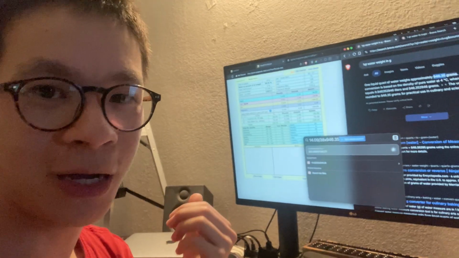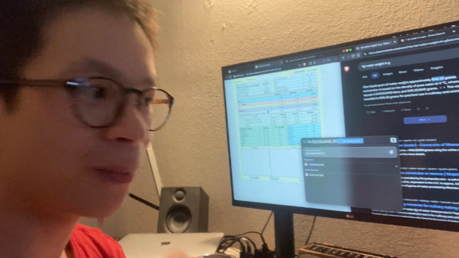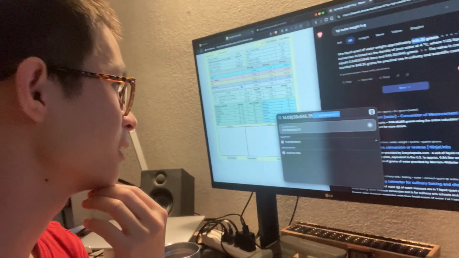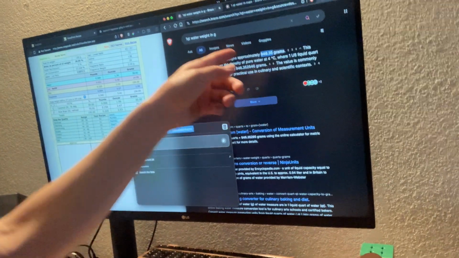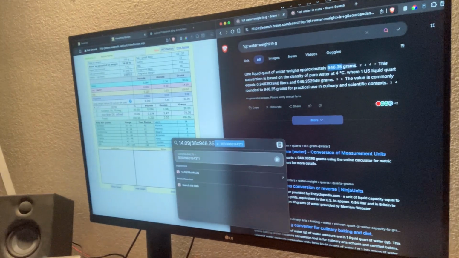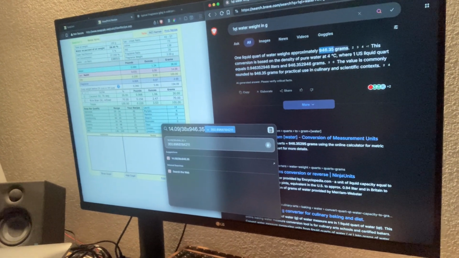The last batch I had, there was not enough lye, but after a couple weeks, the soap became hard enough and it's good enough. All right, so this is the math. I'm adding a quart of water to, ooh, I'm actually not sure.